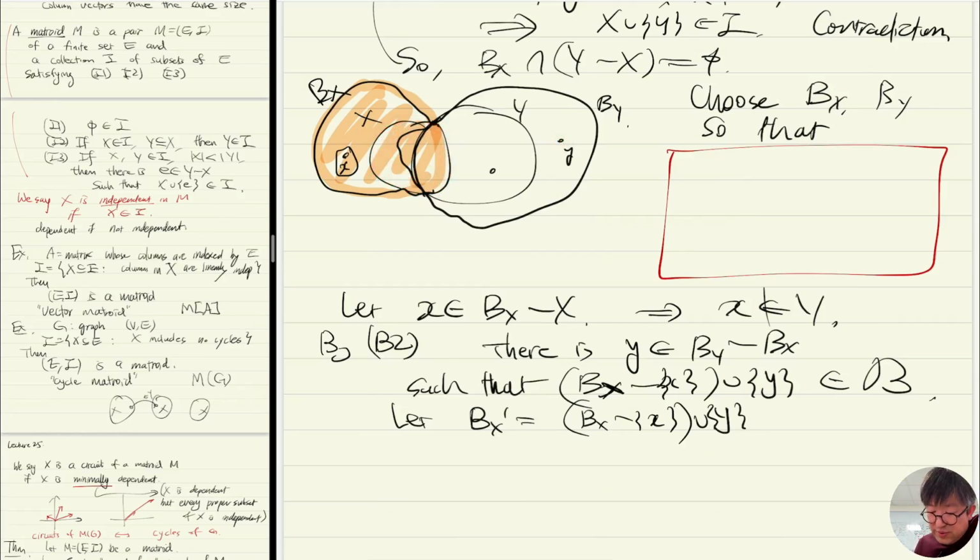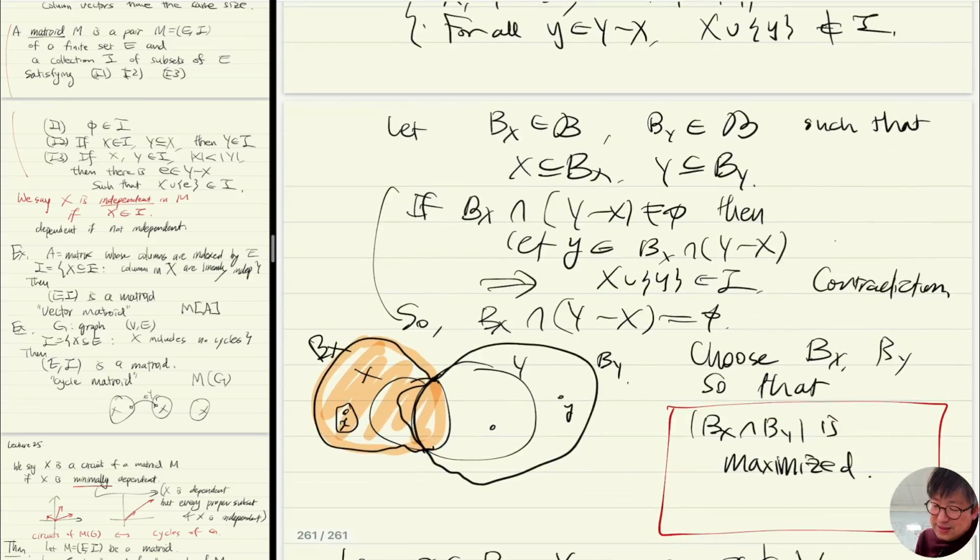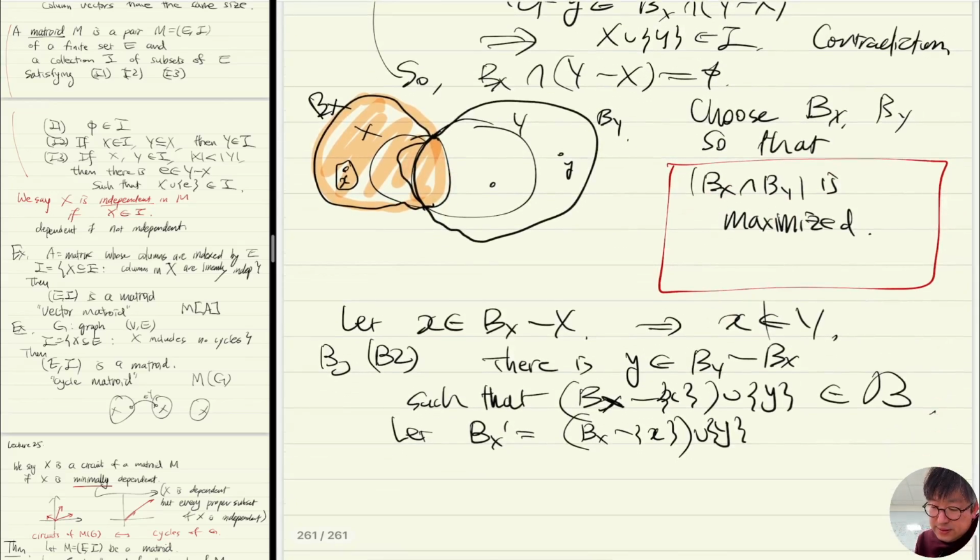So how do we overcome? And that's where we use this assumption. The assumption is, we try to do something so that the intersection of bx and by is maximized. So when we choose bx and by, satisfying this condition, among all possible choices, I'm going to choose bx and by so that their intersection is maximized.